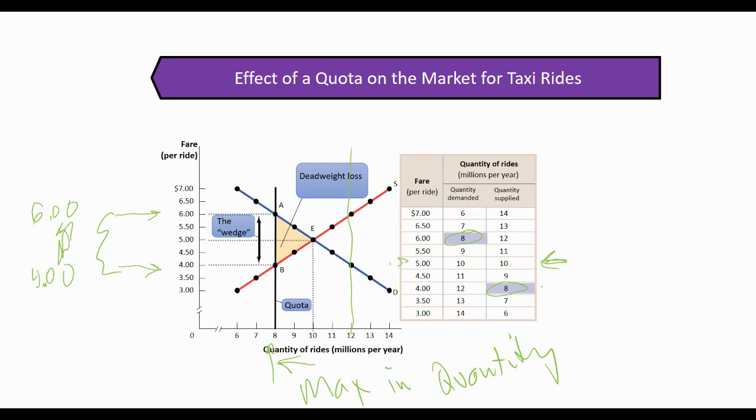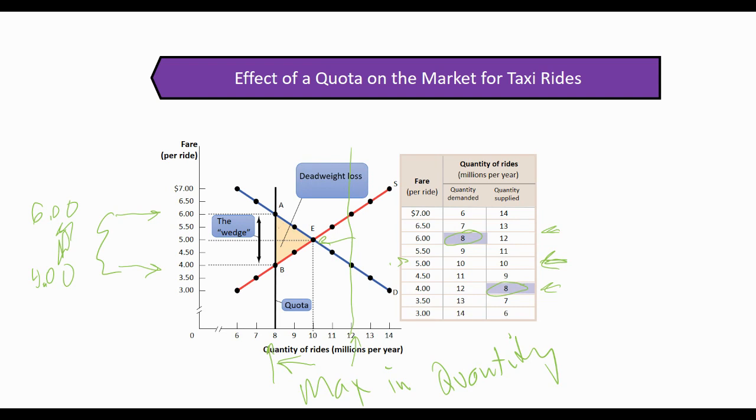And we can see this quota right here, and the difference between that is that $2. Now, once again, if the quota was at 12, it would be ineffective because we would actually be at equilibrium, since equilibrium is to the left of it. Okay, so quotas create inefficiency.